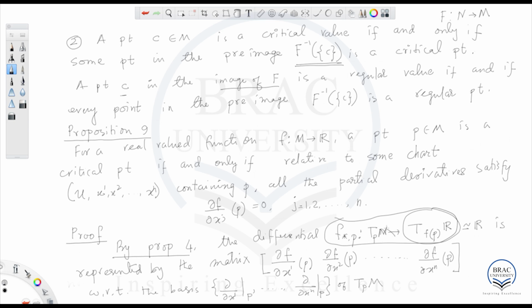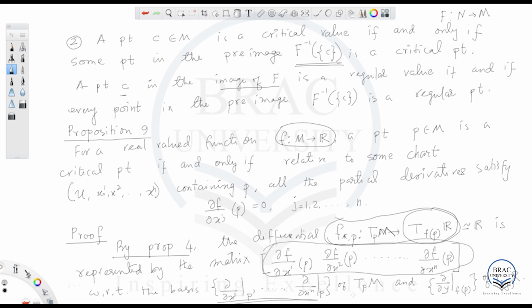So this is supposed to be T_p M. Sorry, because f is the map from M to R. So f star comma p is this map T_p M to T_f(p) R, which is isomorphic to R. So with respect to this basis of T_p M, and there is one element in the basis here, which is del by del y at f(p), this basis of T_f(p) R. Okay, so this differential is represented with this matrix relative to these two bases.